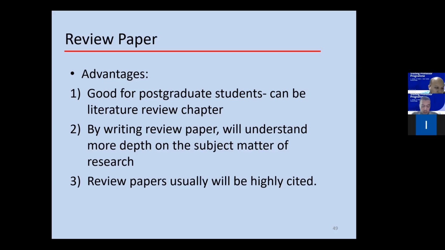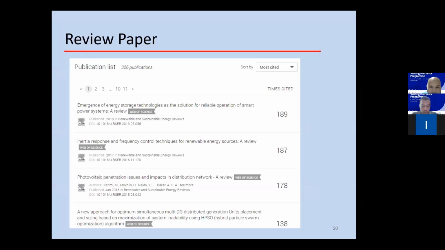And number three, review papers usually will be highly cited. For example, in one paper of my student, titled 'Emergence of energy storage technology as the solution for reliable operation of smart power system: a review', you can see the citation is more than 100.